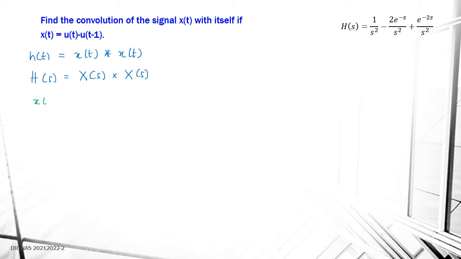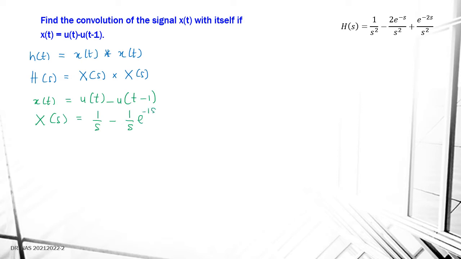So you have the x(t) equation, so you can get the X(s). x(t) equal to u(t) minus u(t minus 1). By referring to the table, your X(s) equals, when you have u(t), the Laplace transform will be 1 over s minus, again 1 over s, and for the time shifting you'll have e to the minus 1s.